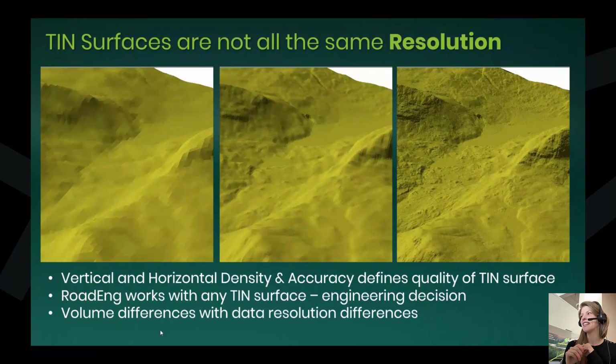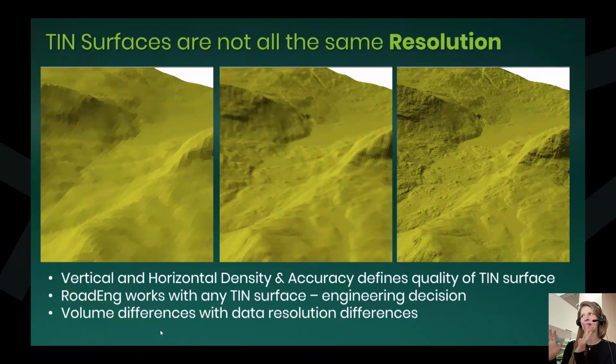And the impact of this difference in surface really can be felt through volume differences. If you had an example road design and you swapped out the surface from this SRTM low resolution data to some higher resolution data, you're going to see differences in terms of the volumes, because now we're seeing more of the ground, we're understanding it a little bit more.